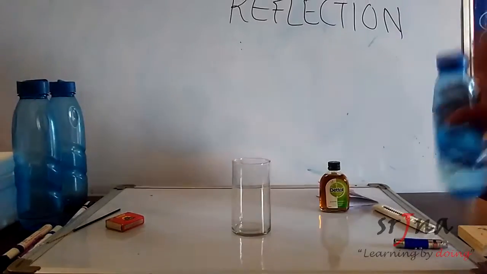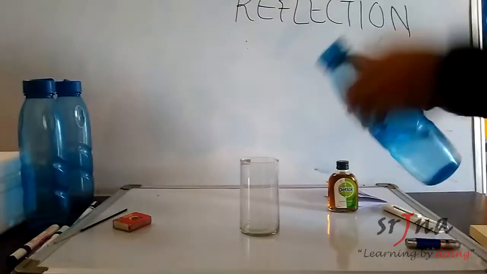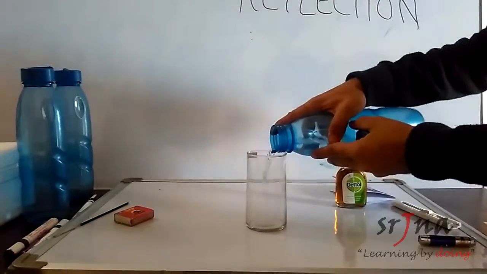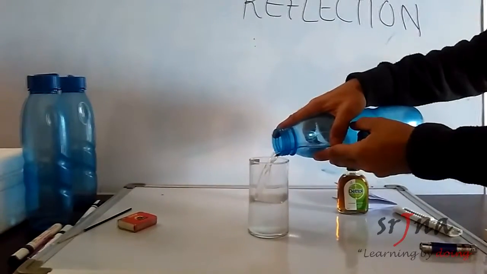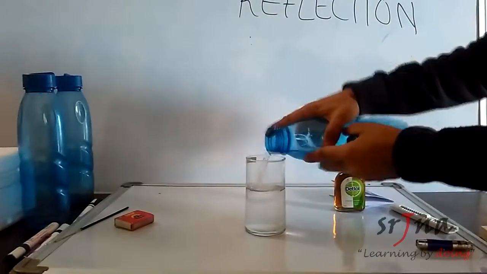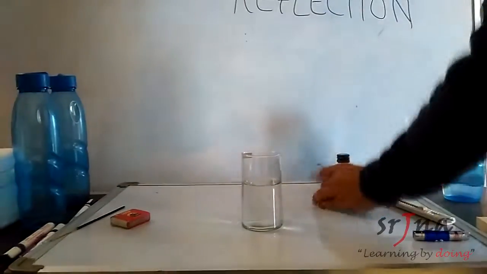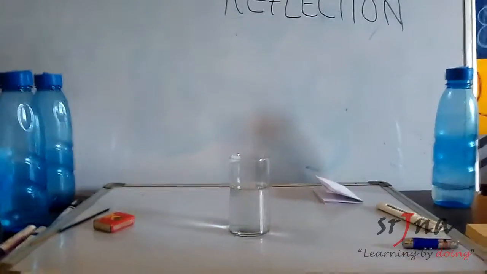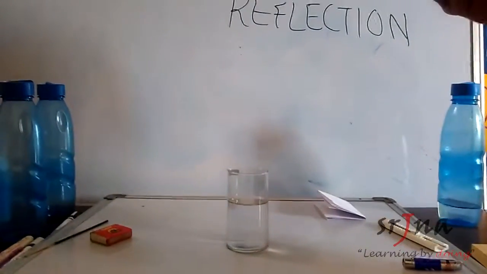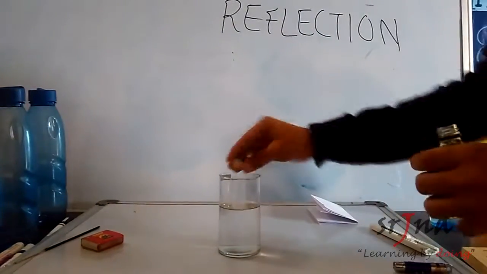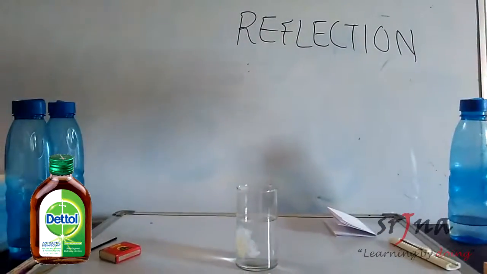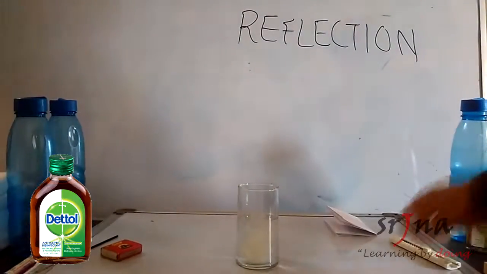So I have this empty glass. I'll be filling it half with water, like this. Now to make it a little translucent, I'll be adding a little Dettol into it, like this.